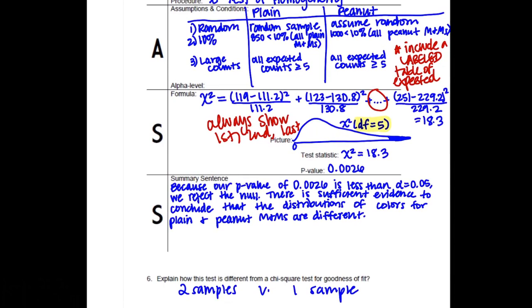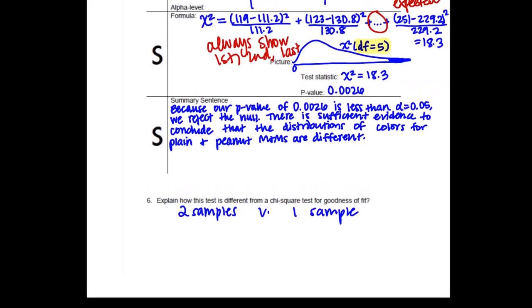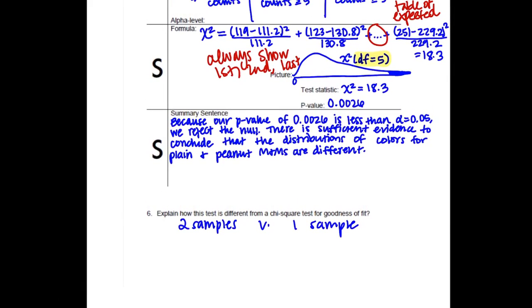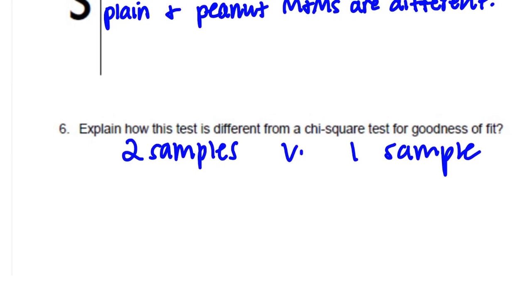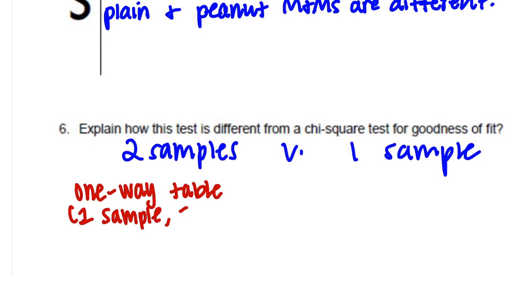And number 6, explain how this is different. So what I want to show you is a little bit about how to tell the different types that we do. So far we've learned 2 of the types, and those 2 types are based on a one-way table where we have 1 sample, 1 variable, and we did that last class.